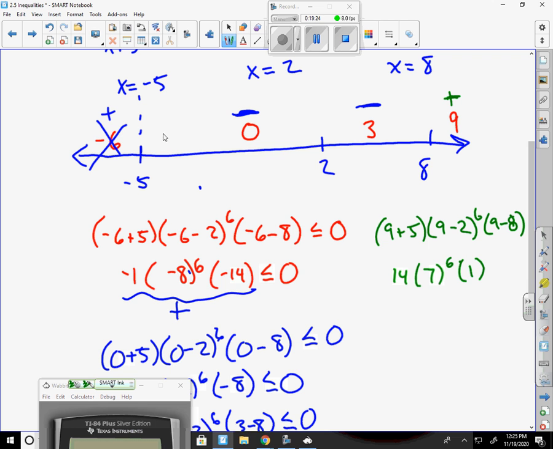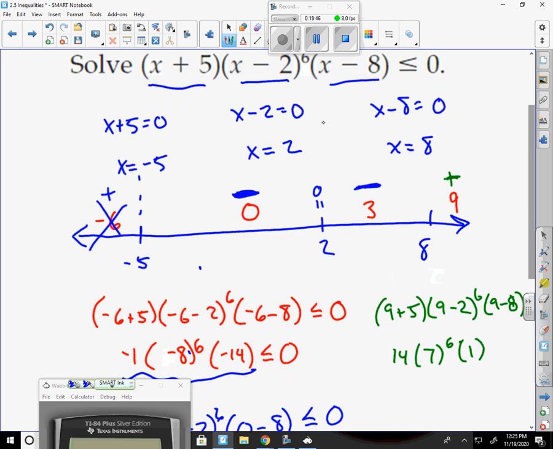So now when I look at this, I'm looking for where it's below the x-axis, which means where it's negative. This is negative from negative 5. At 2, it's 0, because that's a 0 that we found. And then it comes back down and then into the negatives again.